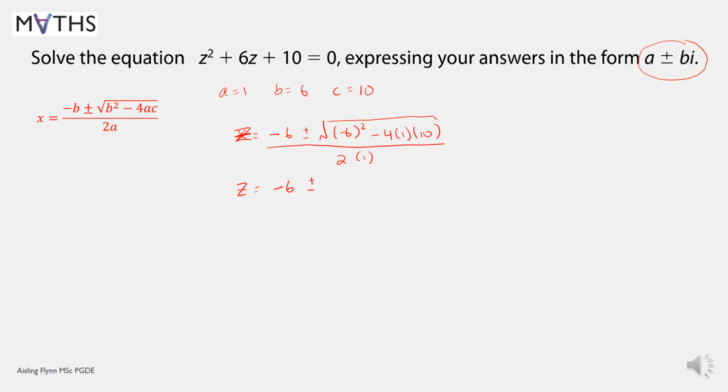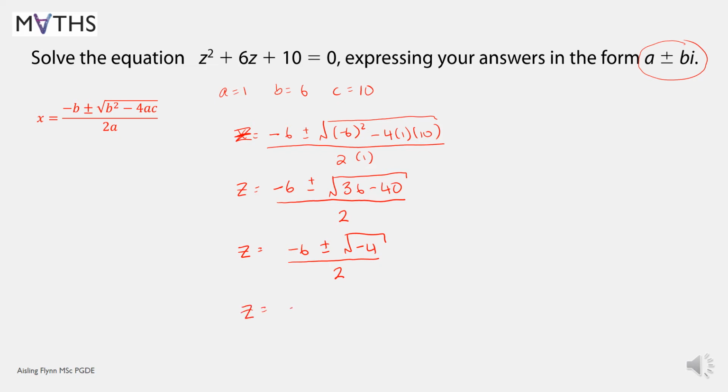Minus 6 plus or minus, now minus 6 squared is 36, and we've got minus 4 ones are 4, and 4 by 10 is 40. So we have 36 minus 40. z equals minus 6 plus or minus the square root of minus 4. There's our negative as expected.